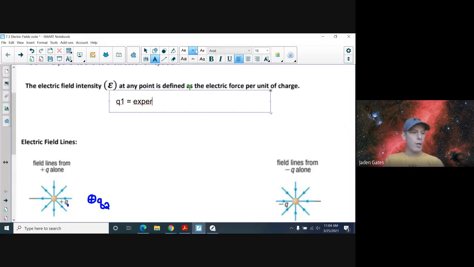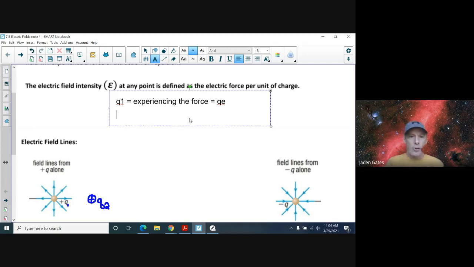Q1 is the one experiencing the force. It's all about perspective again. Just like a gravitational field has a force of gravity, an electric field has an electric force. I could also call it Q little e, the charge that's experiencing the force. Now, there's another charge that I just wrote in there, Q2.